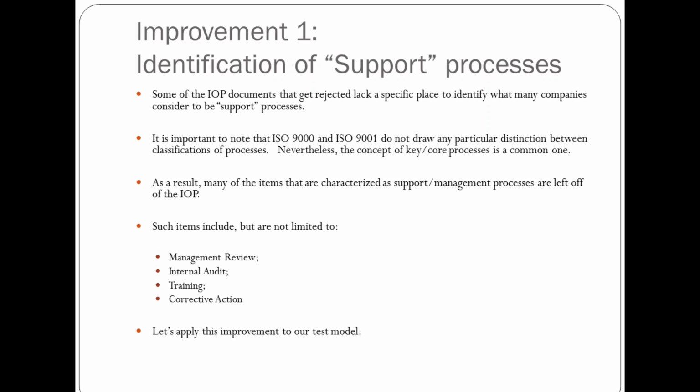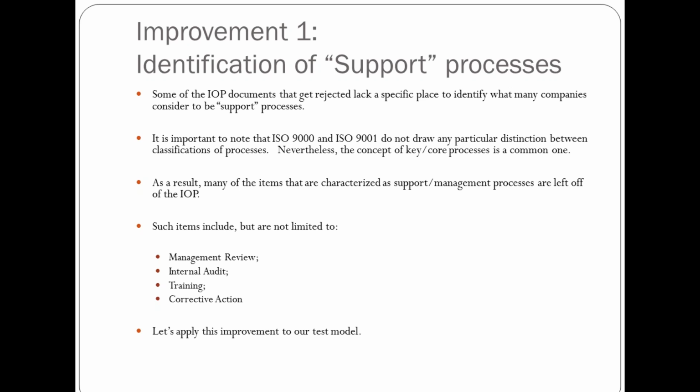So the first thing we're going to do is we're going to identify the support processes. Some of the IOP documents that get rejected, they lack a specific place to identify the support activities. Now, on the matter of calling them support processes, it's important for you to note that neither ISO 9000 nor 9001, neither of them draw any particular distinction between the classification of processes.